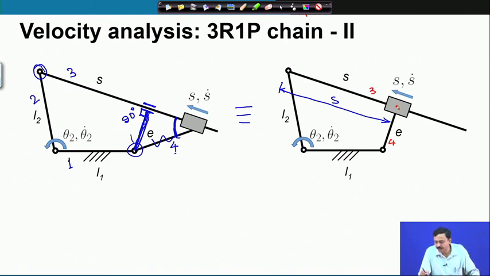Suppose we have a coincident point belonging to link 3 called B 3 and another point at the same location, which means B 3 and B 4 are coincident. So, B 3 belongs to link 3 and B 4 belongs to link 4. So, the relative velocity between B 3 and B 4 is S dot. So, that is the expansion rate of the prismatic actuator.